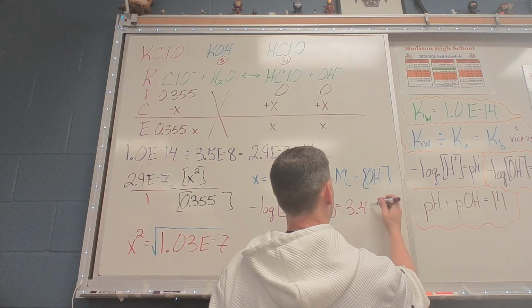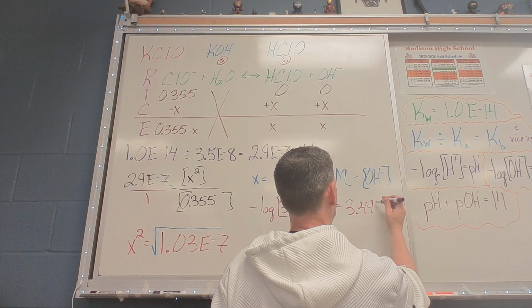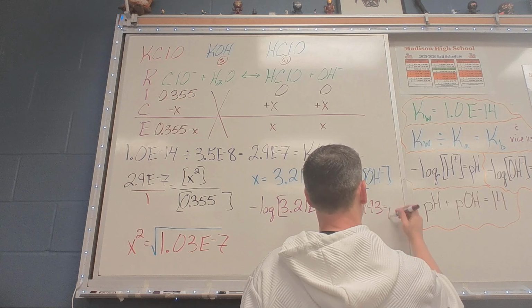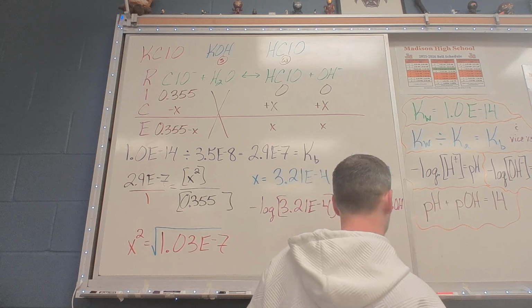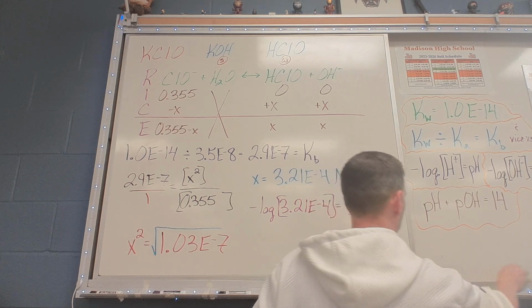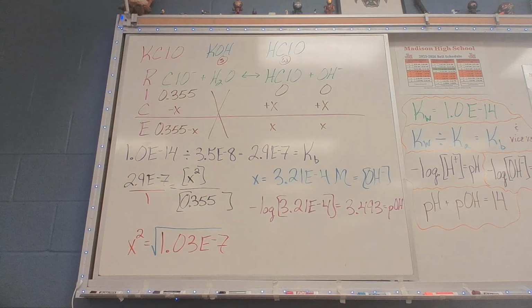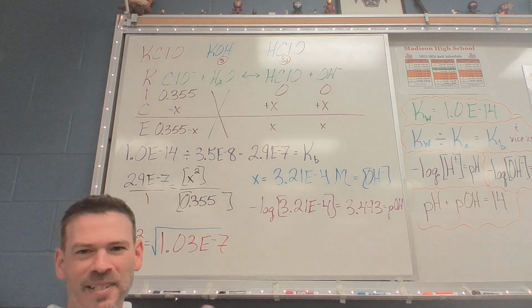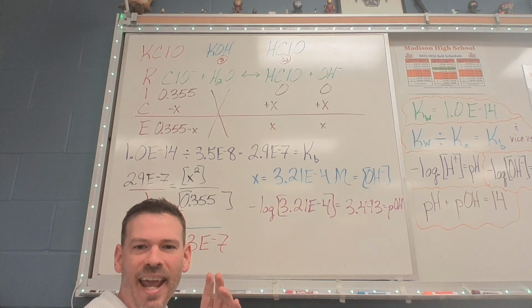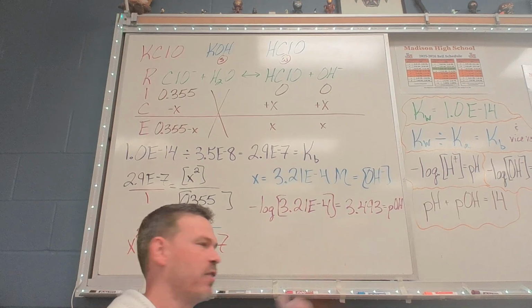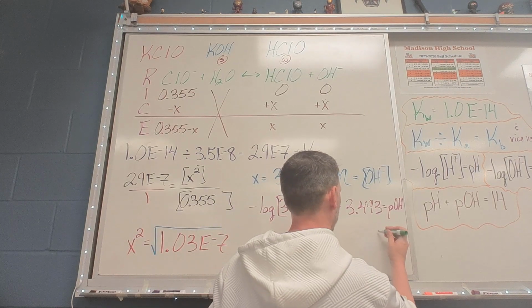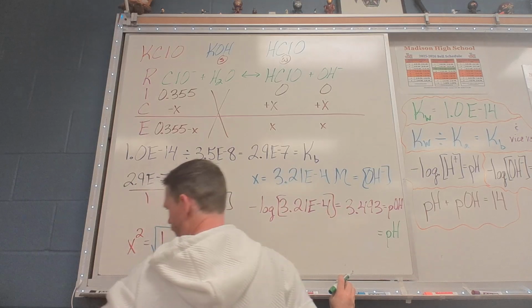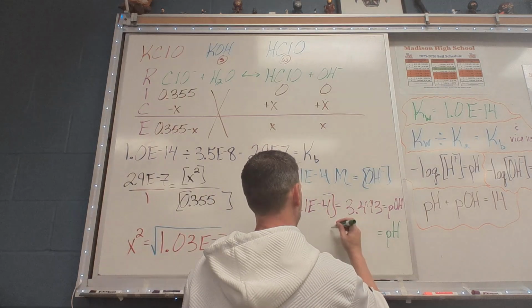It doesn't round up to 9.4. 3.493. You got 90 seconds. I'm killing it. And then, of course, pH plus pOH is 14, for a final answer of 10.507.